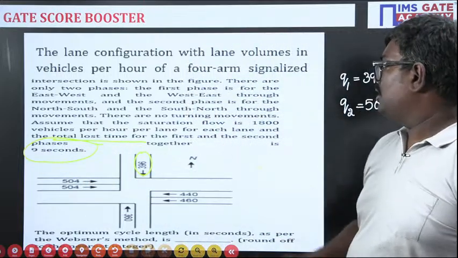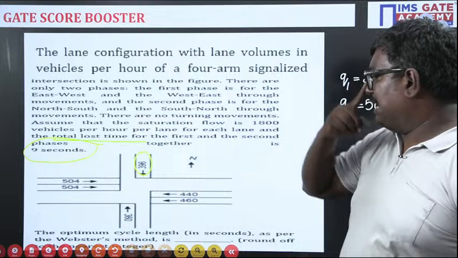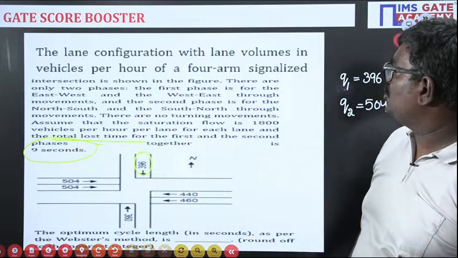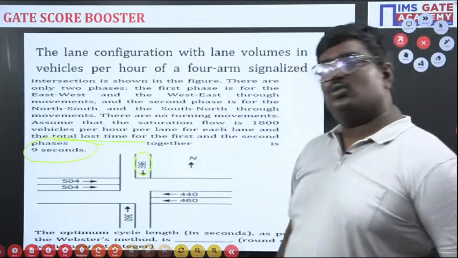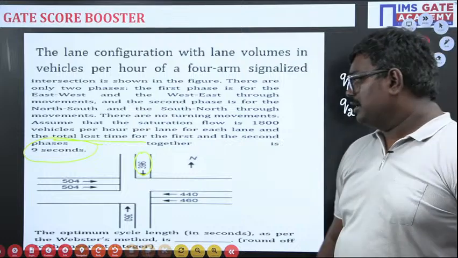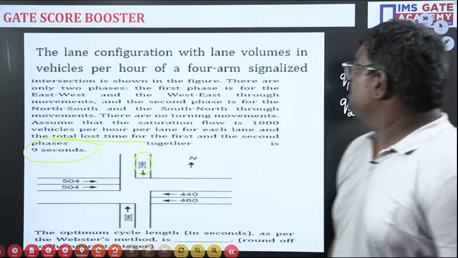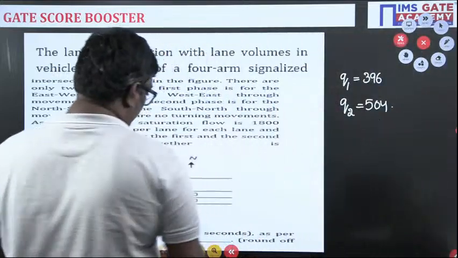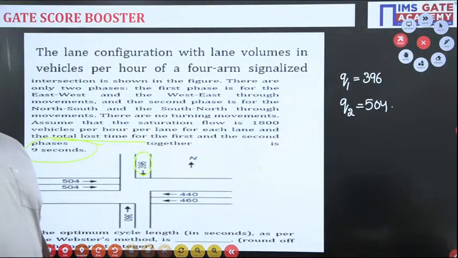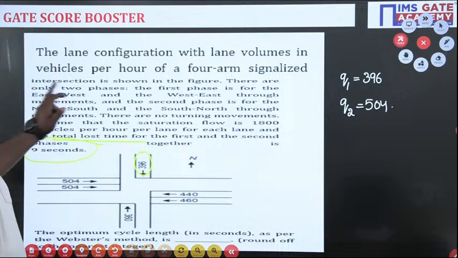They have given another important piece of data. What will be the total saturation flow? The intersection is shown in the figure. There are only two phases.